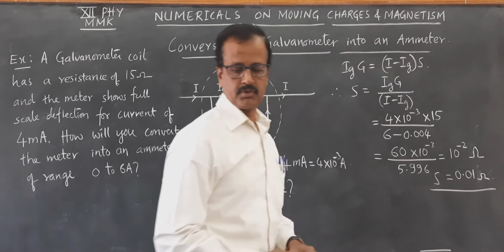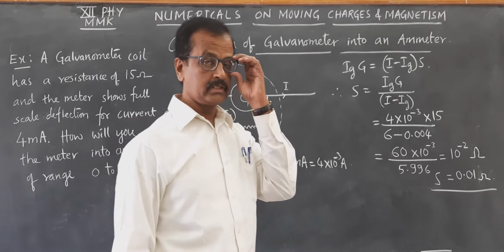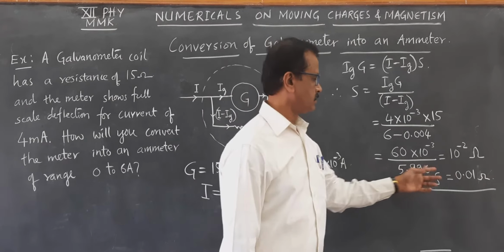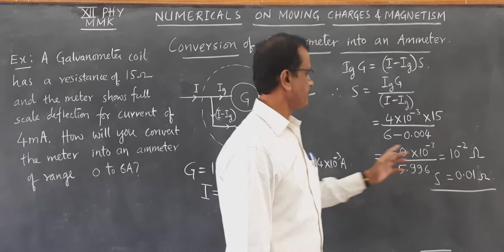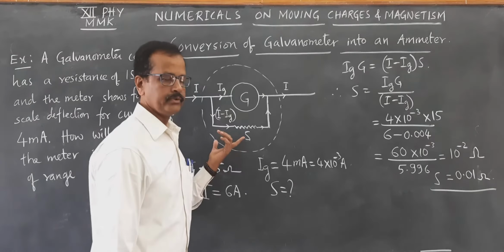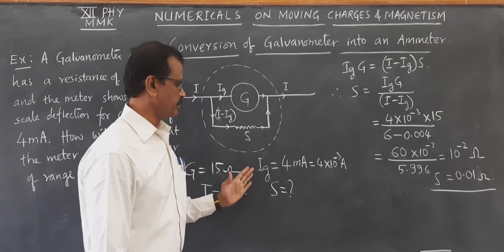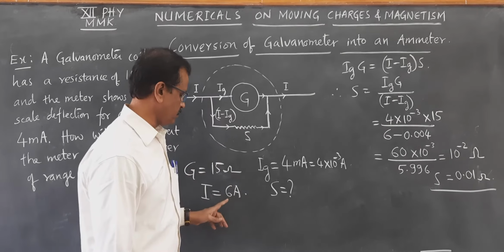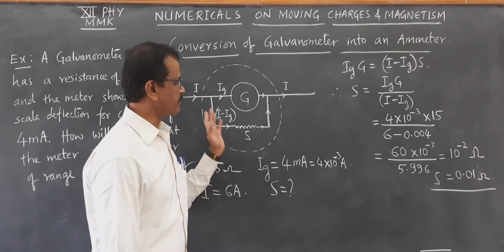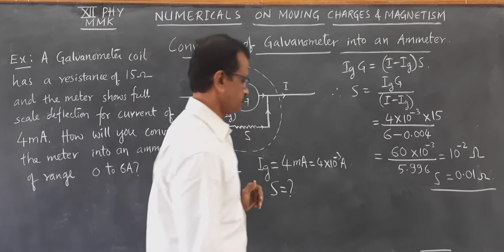So by choosing a suitable color coded resistor of 0.01 ohm and connecting it parallel to the galvanometer, it can be converted into an ammeter which can read full scale deflection for 6 amperes by proper calibration of the scale.